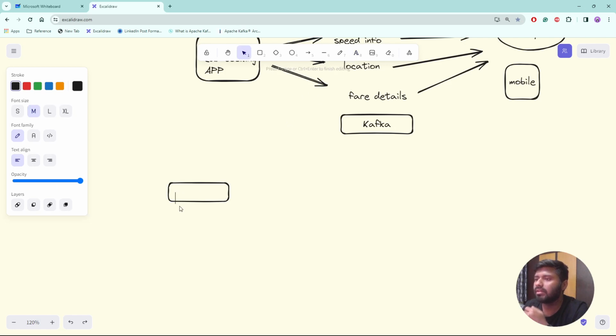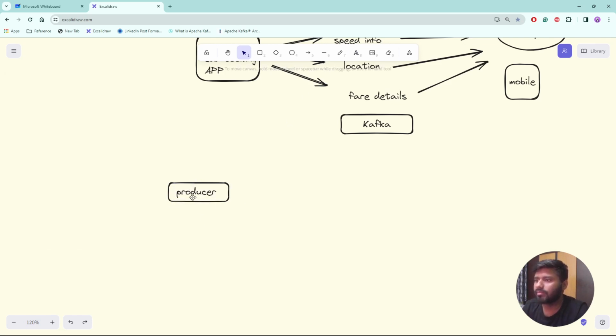So I'm mentioning here that this is one of my producers. I'm just replicating like this. You can consider this the specific car booking application.